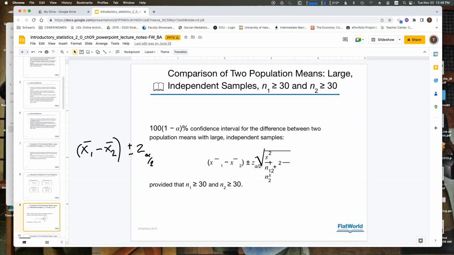So we're using our z-value here, and putting that together with our variation and the size of our sample sizes here. So let's start to apply this, again provided that each sample size is large enough.